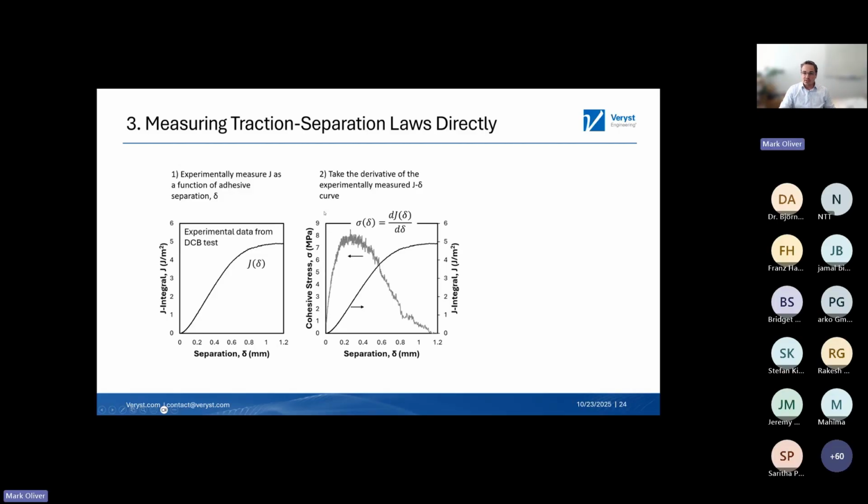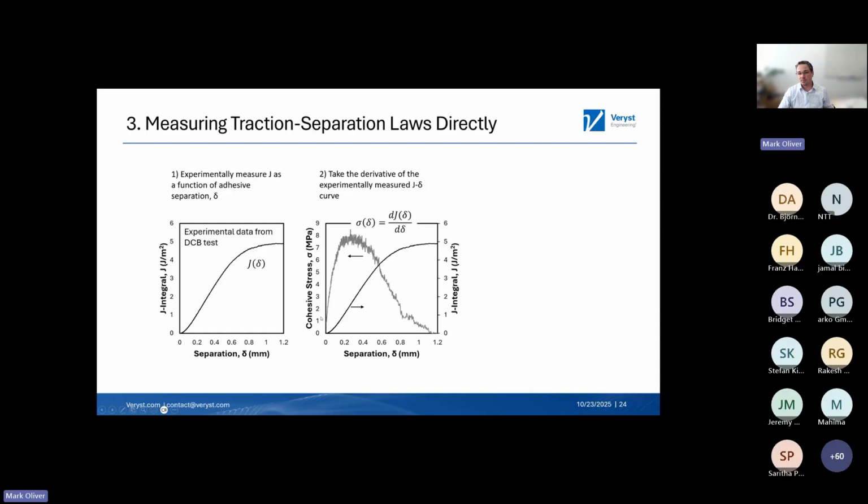And then the traction separation law, what you have to tell Abaqus or LS-DYNA or whatever finite element code you're using, is just a derivative of that curve. The gray line here is the numerical derivative of the black curve, which is the J delta curve. And so there you have it.